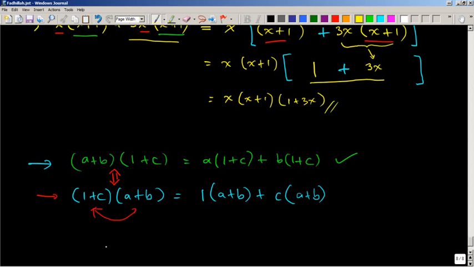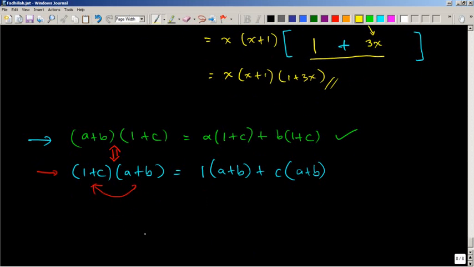Okay, let me check on something. 2 times 3 and 3 times 2, are they not the same? The same, right? No matter how you put them in order, left to right or right to left, they are still the same.